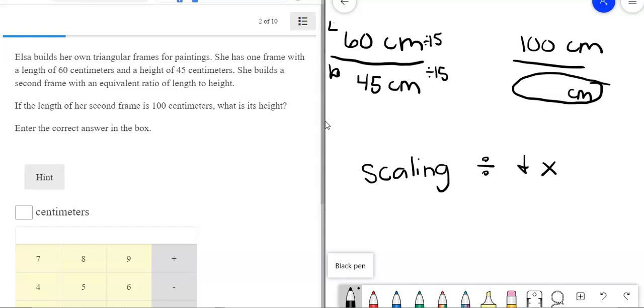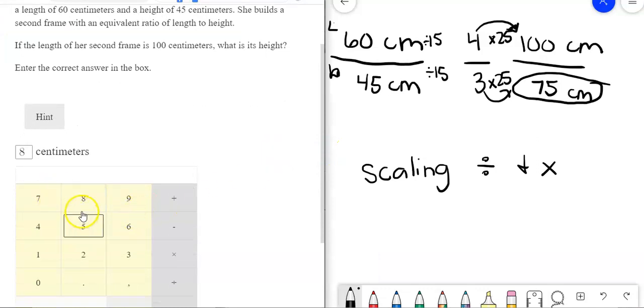Because 60 divided by 15 is 4. 45 divided by 15 is 3. Now I can take that 4 and change it into 100. So 4 times 25 is 100. I multiply by 25 on top, I have to do it on the bottom. So 3 times 25 is 75.